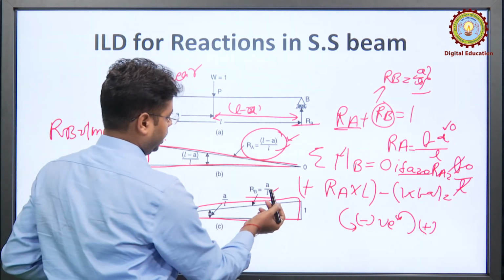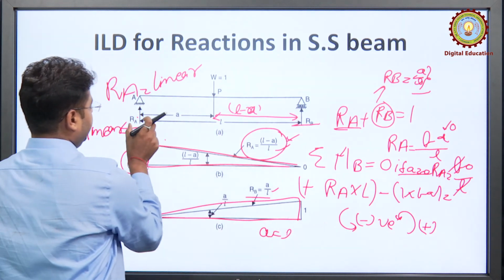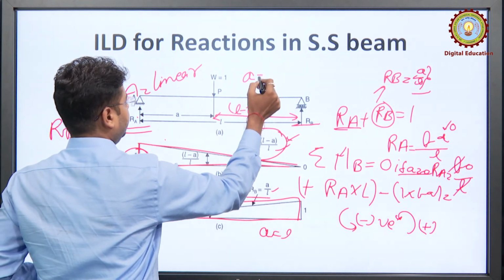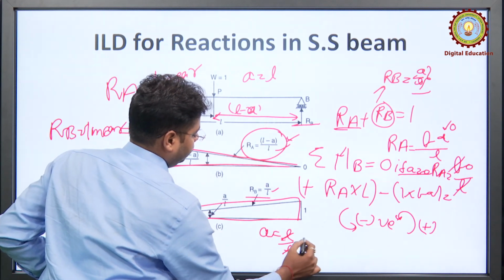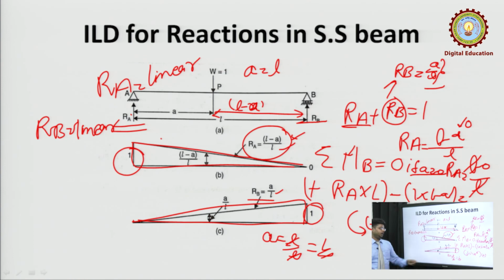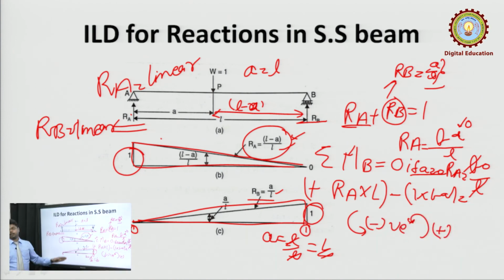Similarly, when the unit load is on RB, A is equal to L and the span length is L, so L by L is equal to unity. Because of that, here is the 1 unit influence line diagram from 0 to 1. This is the reactions diagram RA and RB, and this one is the influence line diagram, both are positive.